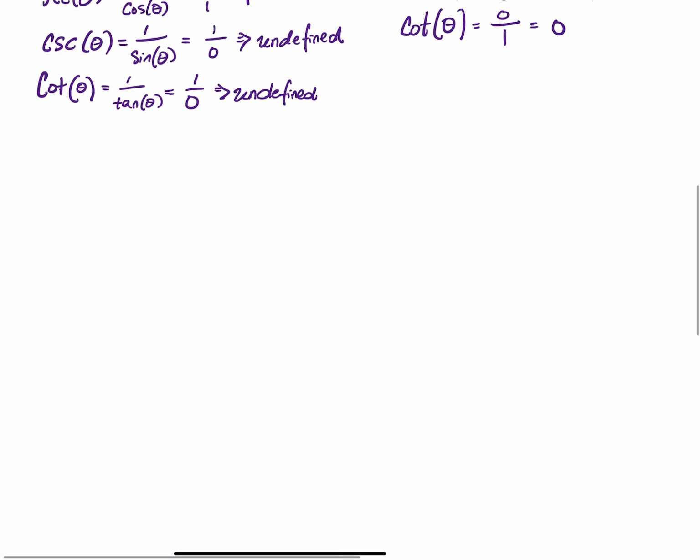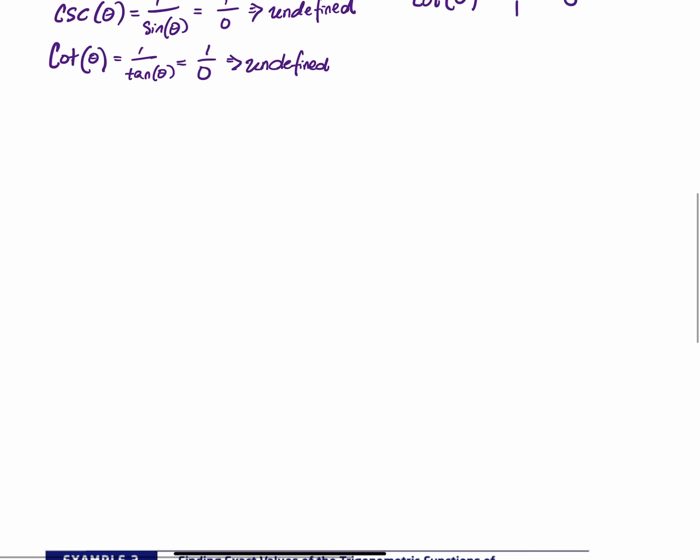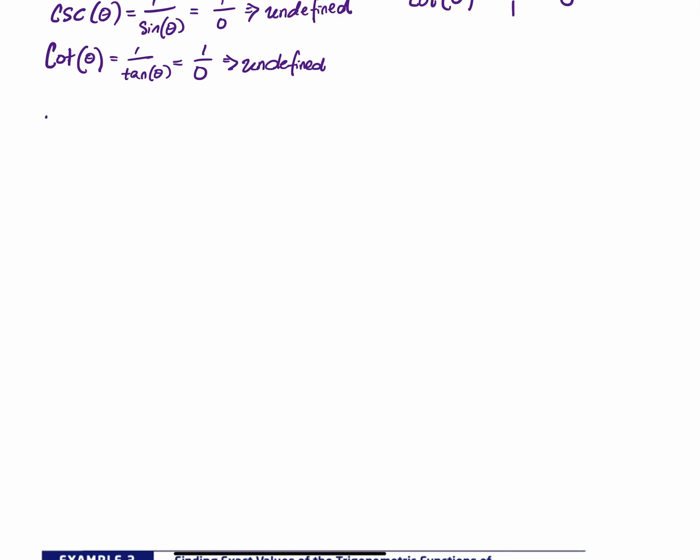Next, let's look at pi. This is part C. Say when theta equals pi, or 180 degrees. Draw a quick sketch. We're over here at the point -1, 0. So that'll be useful. Let's go through again.